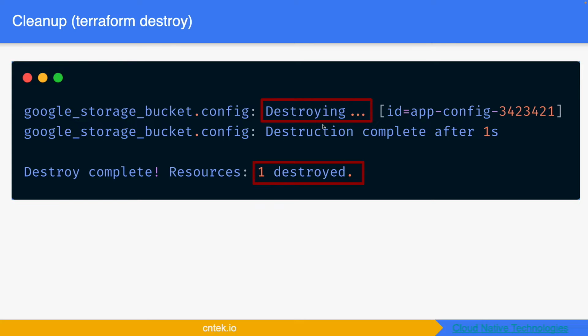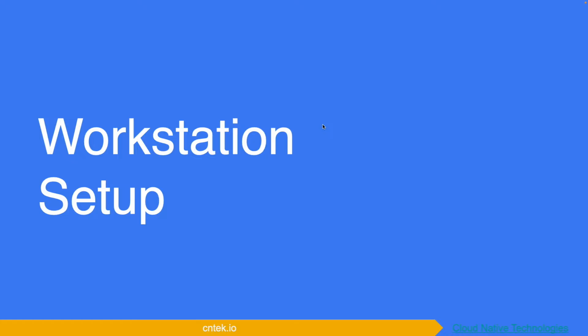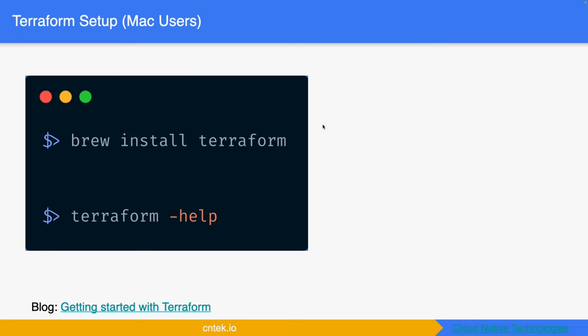If you are not familiar with Terraform, I hope this has given you some good idea about what Terraform is and how to use it. Now, getting started with Terraform on your local system is very easy. If you're a Mac user, you can just run brew install terraform, and that should install Terraform.